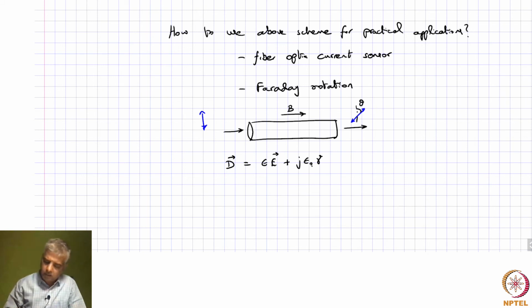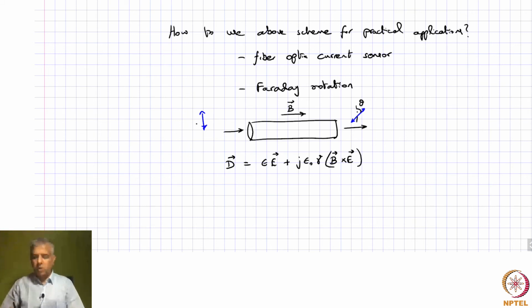So you get j epsilon naught gamma multiplied by a B cross E term, where B corresponds to the applied magnetic field, and E corresponds to the electric field of your incoming light.